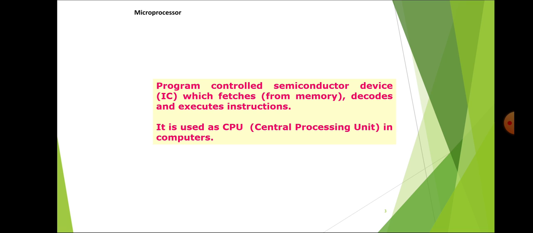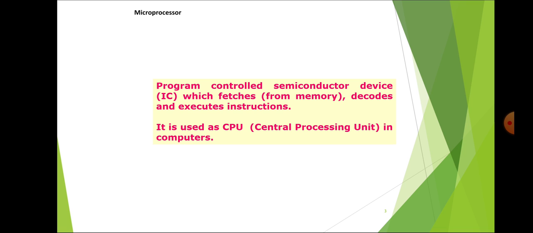It is nothing but a program controlled semiconductor device, that is nothing but the IC, integrated circuits, which fetches from memory, decodes and executes the instructions. I hope you understand the meaning of this.